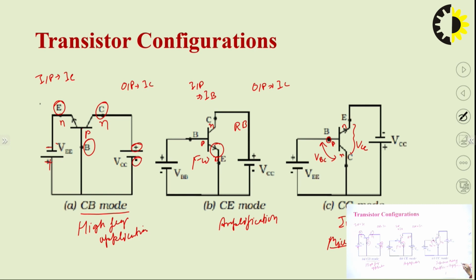So that's why here we insert a common collector stage, because common collector has a high input impedance and low output impedance. So it provides the impedance matching between the amplifier and the loudspeaker, because a loudspeaker generally has a low impedance in comparison to the amplifier. Amplifier has a high impedance and loudspeaker has a low impedance.